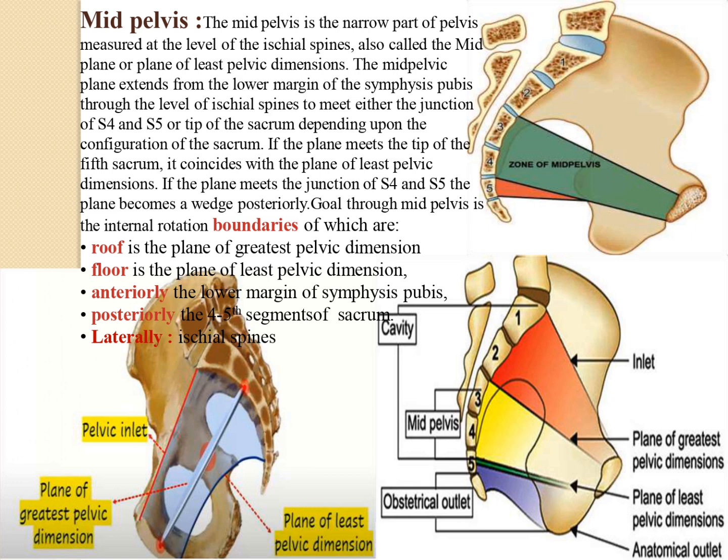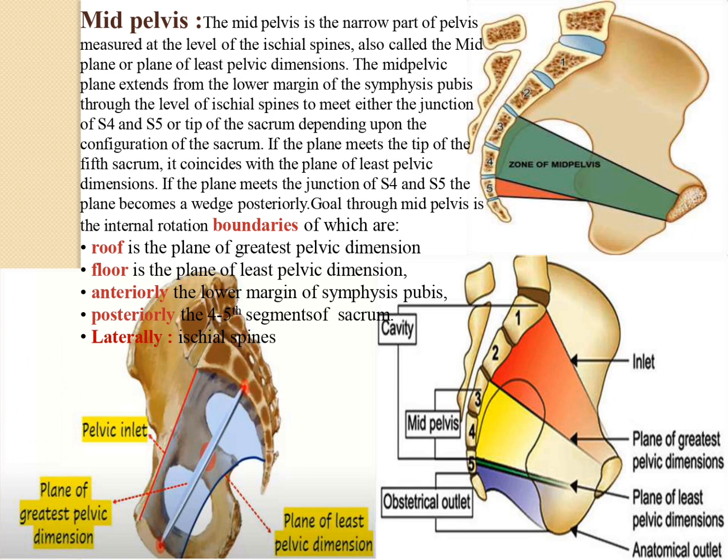This slide shows the boundaries of the mid pelvis. The mid pelvis is the narrow part of the pelvis measured at the level of the ischial spines, also called the mid plane or plane of least pelvic dimensions. The mid pelvic plane extends from the lower margin of the pubic symphysis through the level of the ischial spines to meet either the junction of S4 and S5 or the tip of the sacrum, depending upon the configuration of the sacrum.